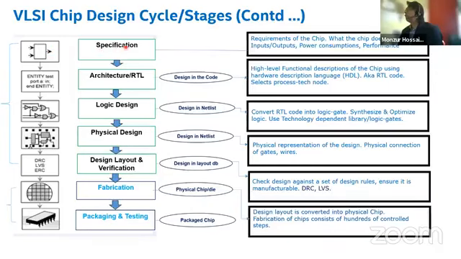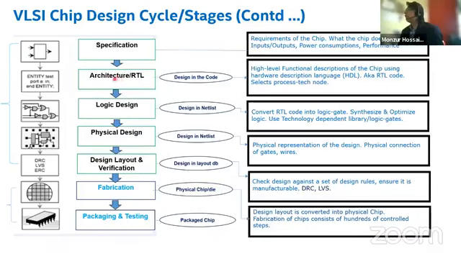After your spec is developed and accepted by your company, you invite the architecture and RTL engineers to write code, just like in the software area where people write code.